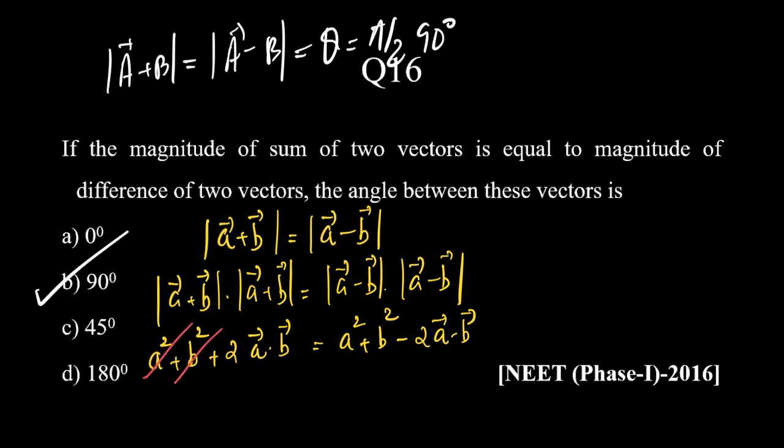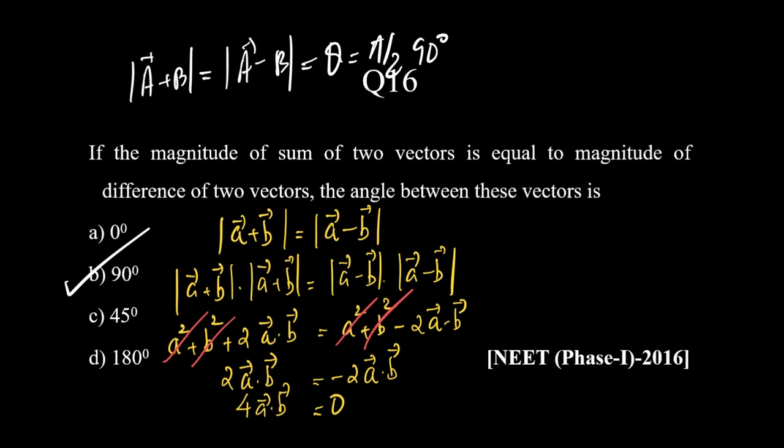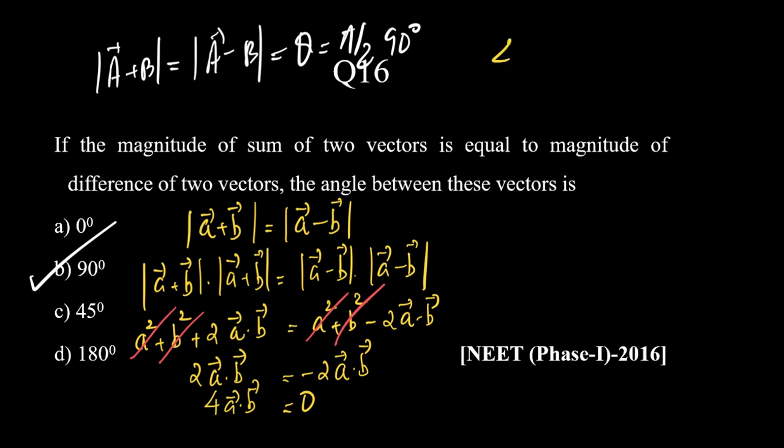So a square and b square will cancel. What else do we have? 2 a dot b is equal to minus 2 a dot b, and therefore 4 a dot b is equal to 0. When we say 4 a dot b is equal to 0, 4 definitely is not equal to 0. So then what can be equal to 0? a dot b is equal to 0.